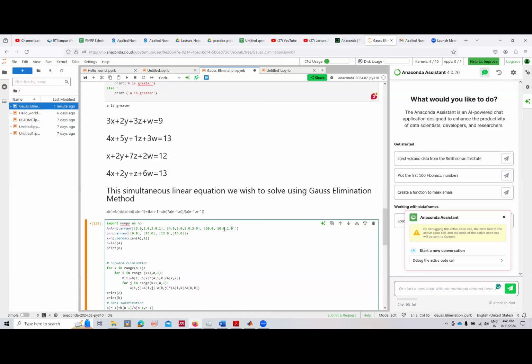What will be the third row? The third row of the coefficient matrix is 1, 2, 7, 2.